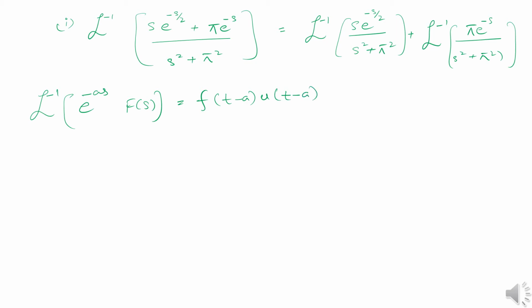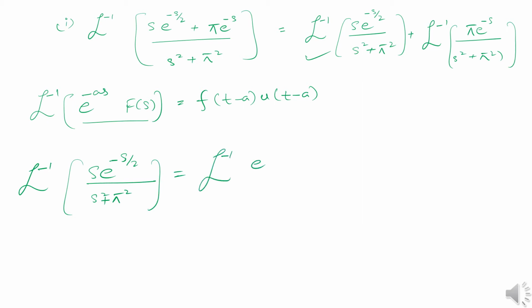So the first thing we need to do is write the function in this form. First of all, take this function: Laplace inverse of s e raised to the power negative s over 2 divided by s squared plus pi squared. I can write this as Laplace inverse of e raised to the power negative s over 2 multiplied by s over s squared plus pi squared.